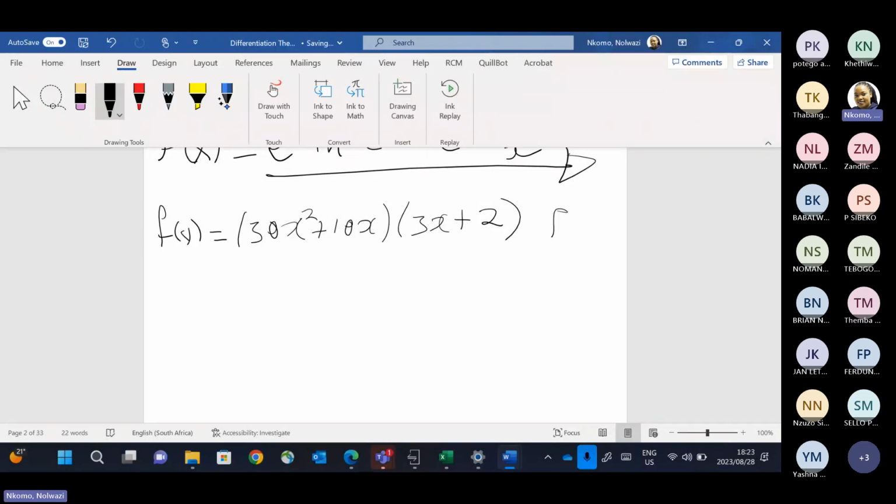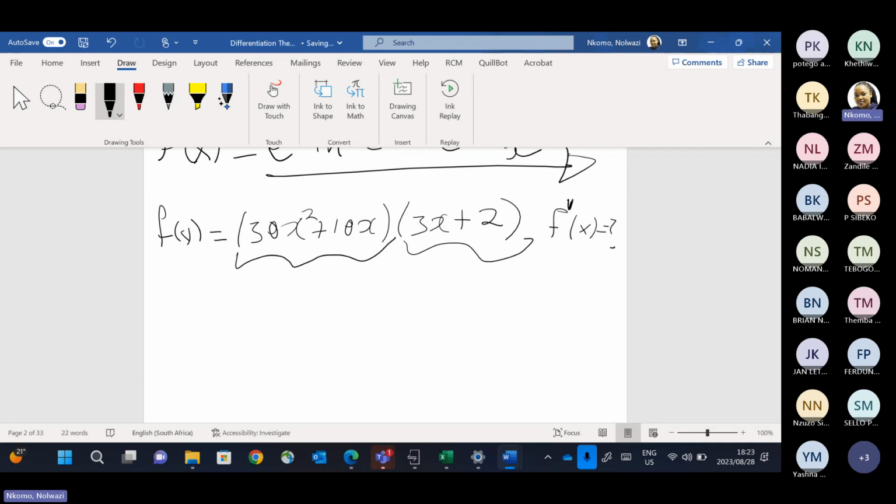Okay, again here, you are asked to find f prime at x. Okay. You see again here, f at x is given as a product of two functions, which is this function 1, and this is function 2. Okay.